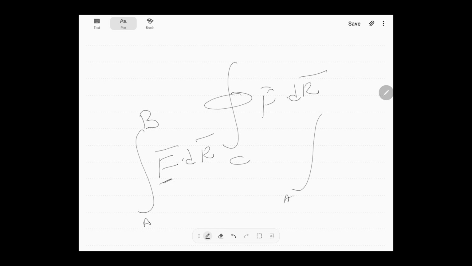It is joining from A to B, and it depends on along what curve these 2 points are joined.